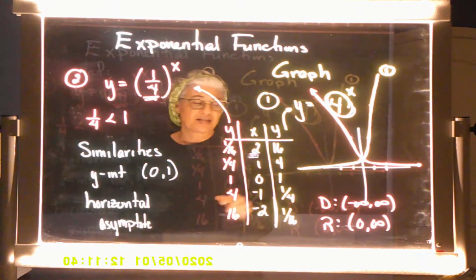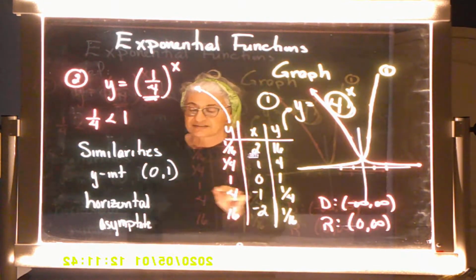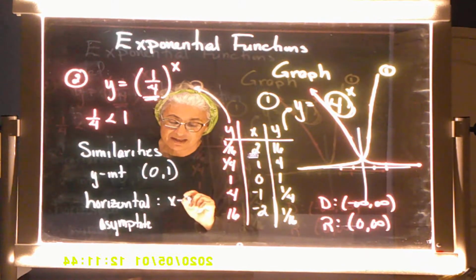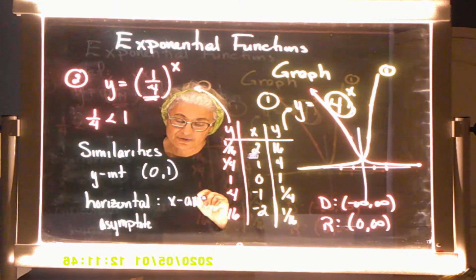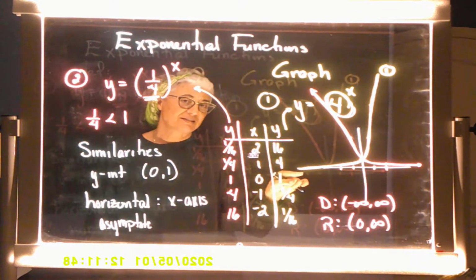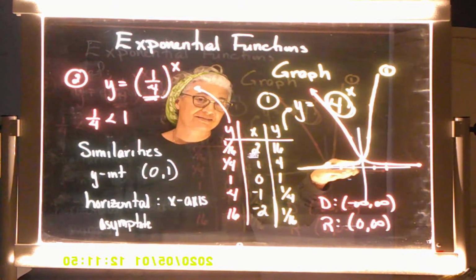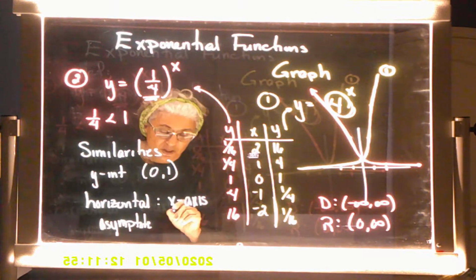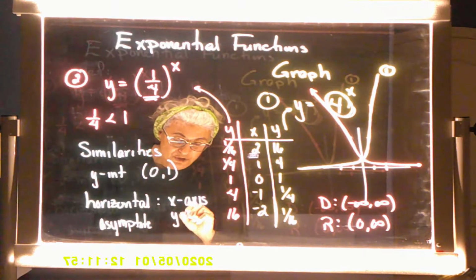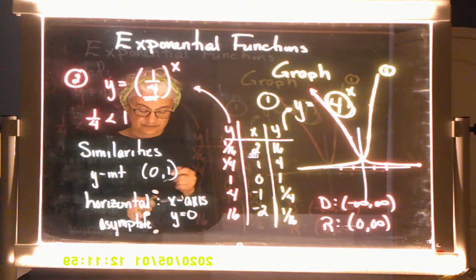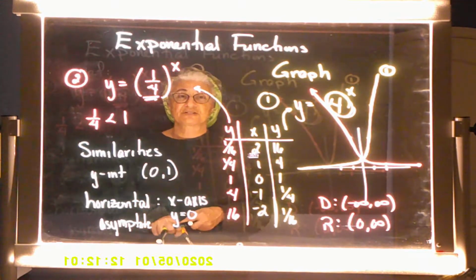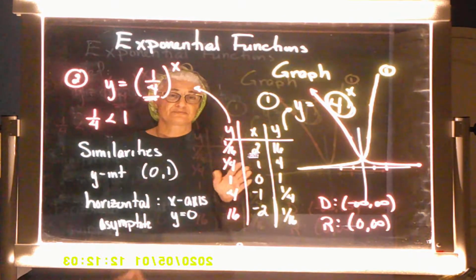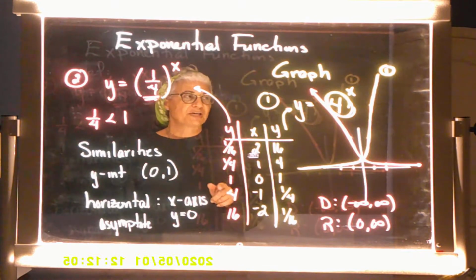And the horizontal asymptote is the x-axis, isn't it? So the x-axis also has another name. The x-axis crosses the y-axis, doesn't it? Through what number? 0. The x-axis is also known as y equals 0. These are two similarities, and they're two major similarities. Cool? With me? Okay, so hang in there.